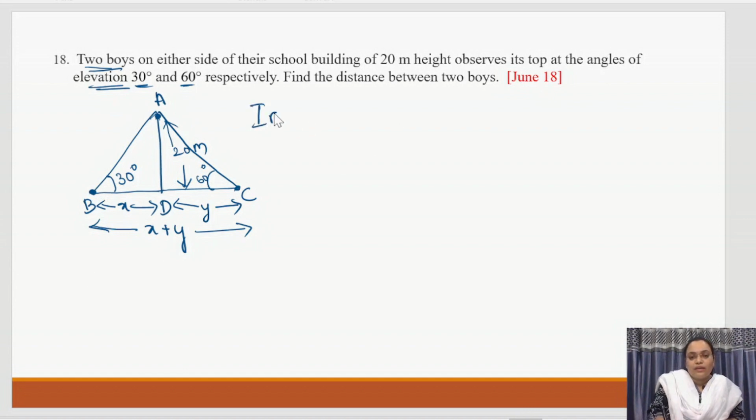In triangle ABD, what is the angle here? The angle is 30 degrees, right? We know the opposite side, which is 20, and the base, which is x. So we can apply tan 30 degrees, which is perpendicular by base.